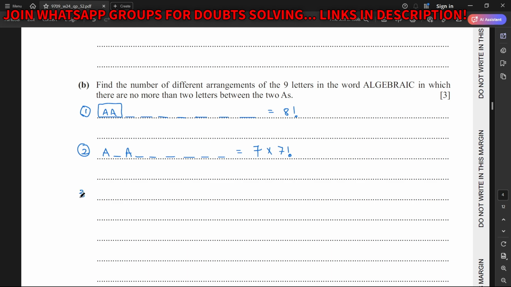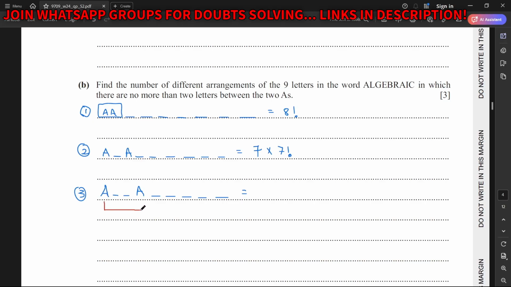In the third scenario, I have A, then 2 letters in between, and then again A. So 1, 2, 3, 4, 5, 6, 7, 8, 9. First of all, in how many different arrangements can I have my A's such that there are 2 letters in between them?